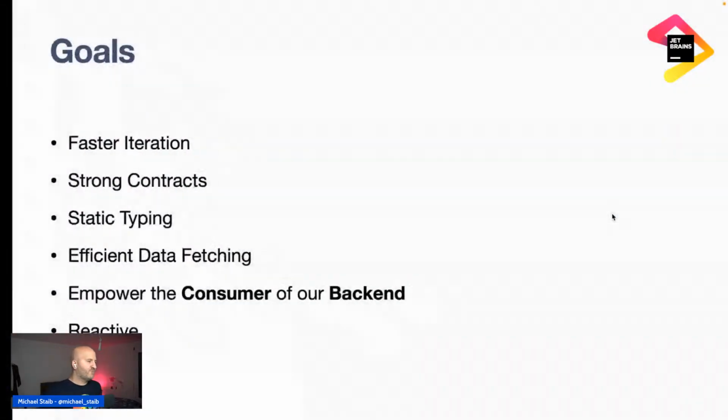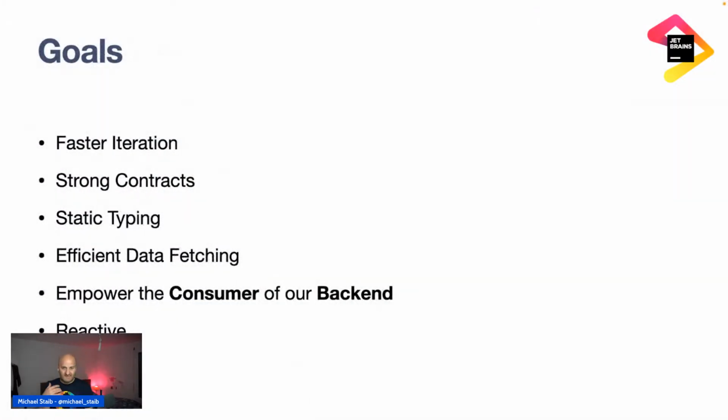And then we can iterate on what a modern application is more. So in a modern application, we want a fast iteration speed between front end and back end. We want strong contracts, meaning the contracts of the back end translate to the contracts of the front end. We want static typing in both things.